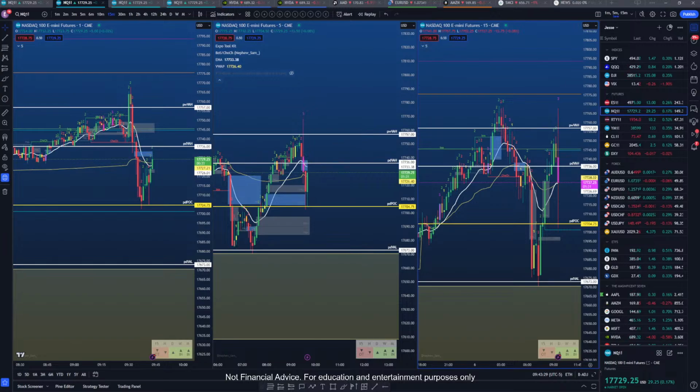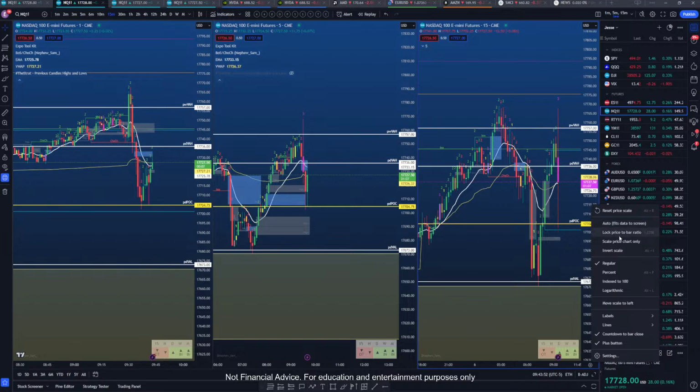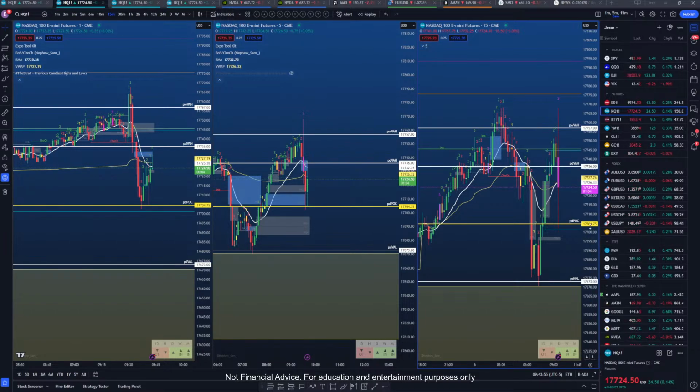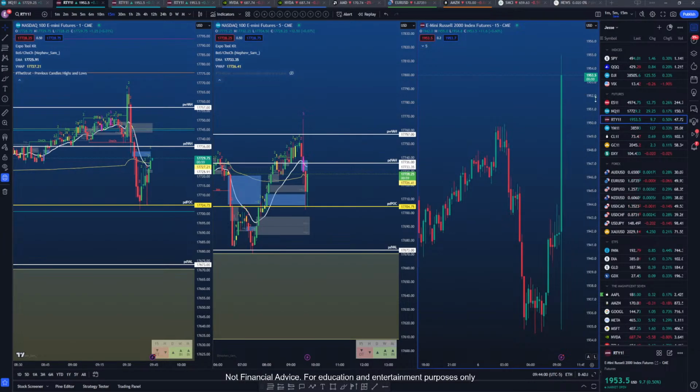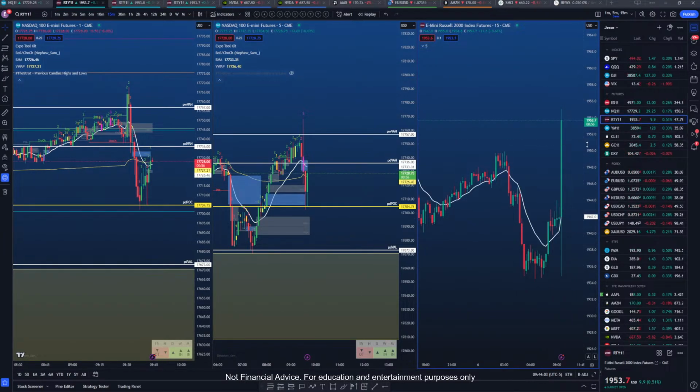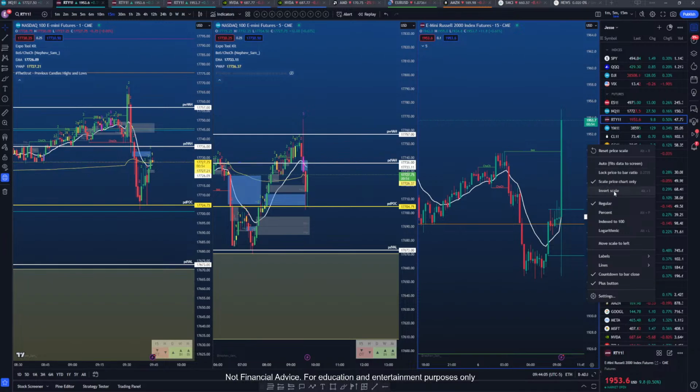Jesse, I think if you right click the price scale y-axis and click scale price chart only, you won't have it smushed. It's smushed because of the strat high-low indicators. But where were you saying? Click the price scale and click scale price chart. Okay, click this. Scale price chart only. But did I have it on auto fit?